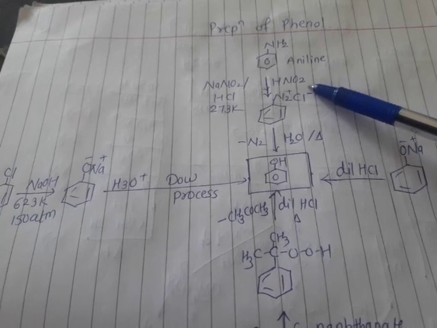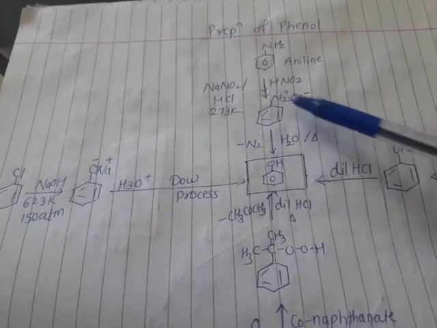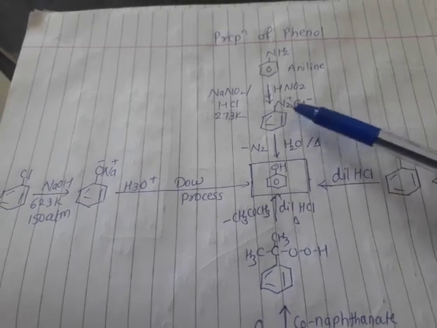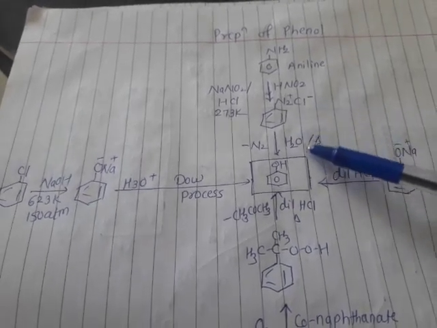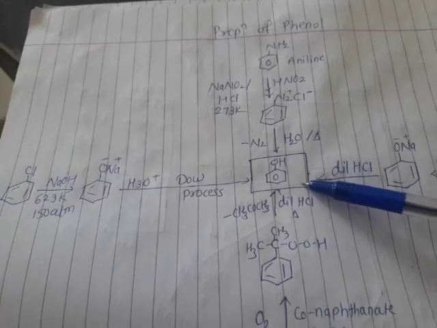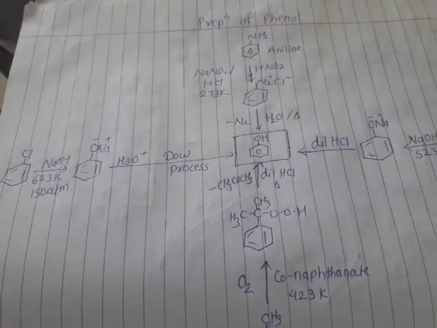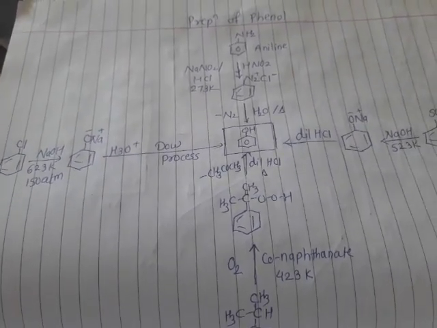HNO2 is unstable, so it is prepared by using NaNO2 and HCl at ice cold condition. Temperature is very low, 273 Kelvin. We get benzene diazonium chloride, which is boiled with water and converted into phenol. That's all, four methods of preparation of phenol.